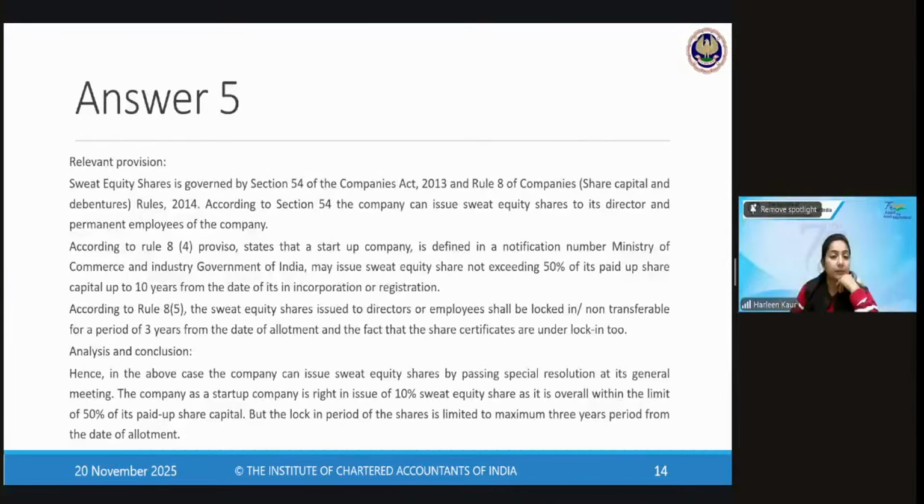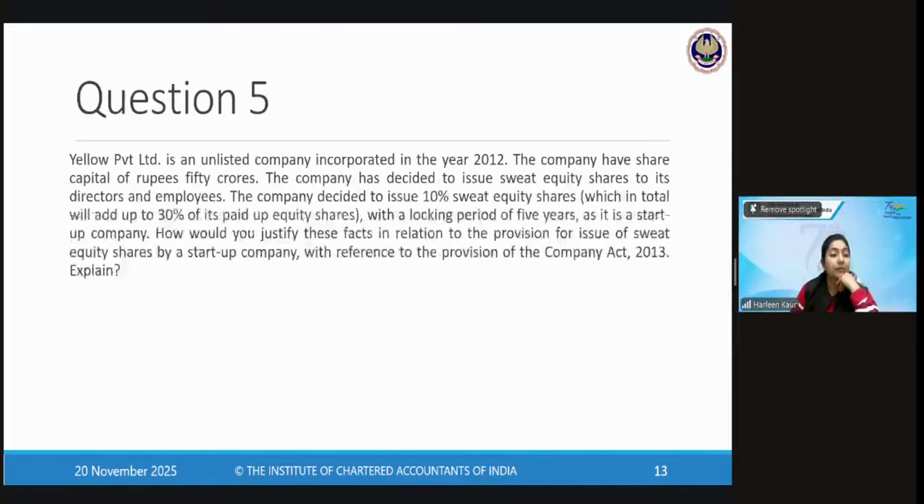Clear? Everybody is clear on this? Okay. Let's do this question. Yellow Private Limited, sweat equity shares. You all remember sweat equity shares before doing this? Do you want to revise sweat equity shares or it is good to go? Tell me.